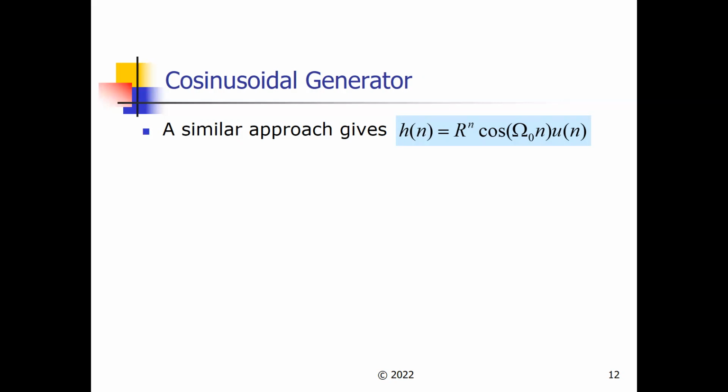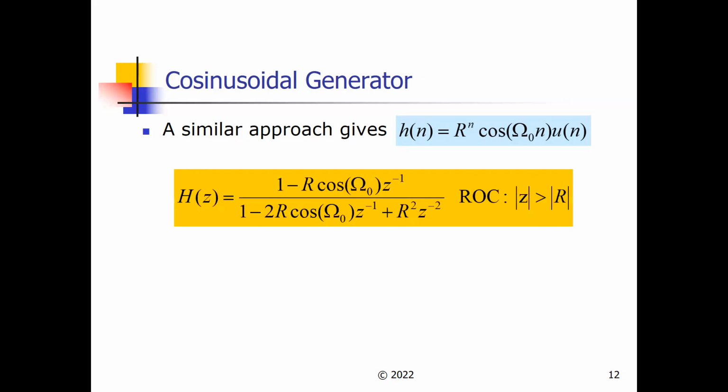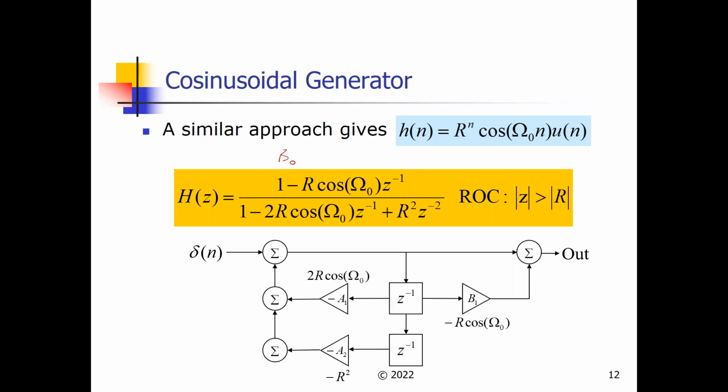A similar approach works if you want a cosine signal generated instead of a sinusoid. So what I want is r cosine omega naught n instead of sine. So if this is h(n), you go to your tables and you get H(z). And notice this time we have a B0 here. We didn't have a B0 for the sinusoid. In this case, B0 is 1.